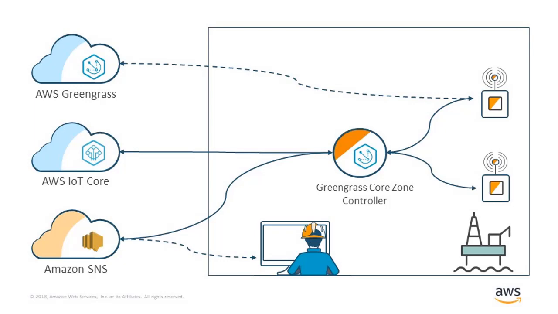Again, I want to talk about the example of oil sensors on an oil rig as a way to piece together Amazon FreeRTOS, AWS Greengrass, and AWS IoT Core. So if you've deployed sensors on an oil rig, you may want those to connect locally so you can run some logic on the data coming off of those sensors.